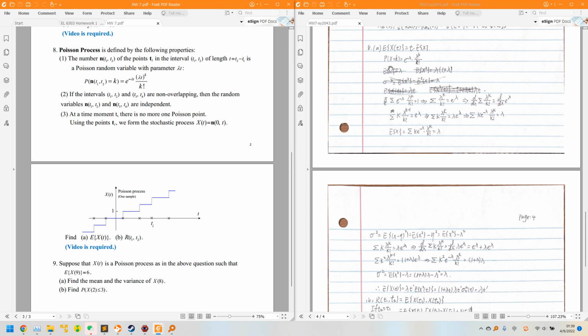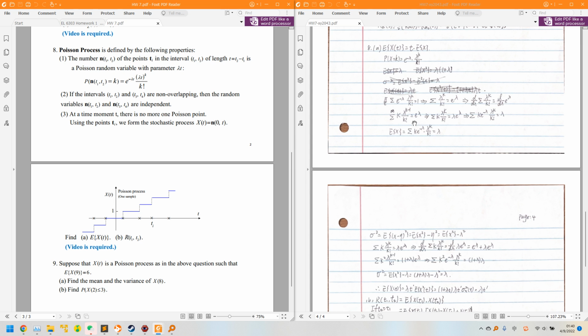We need to find the expectation of X. So we sum the Poisson distribution, and we move the e to the power of minus lambda to the right part of the equation, and we take the derivative on both sides, and we can get this equation.